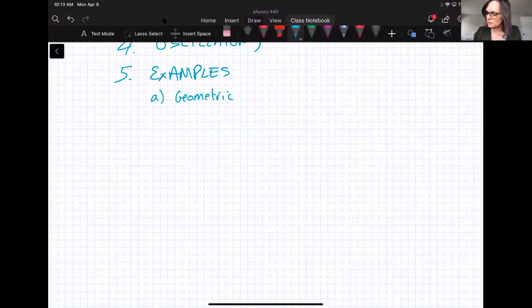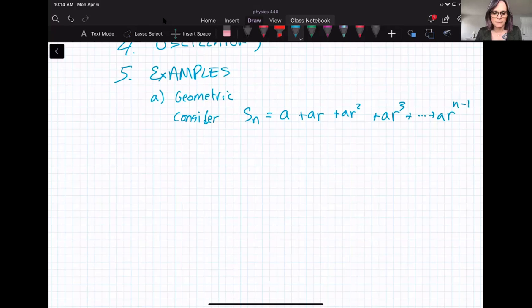So we'll start with the geometric series. And so we'll consider S sub n is equal to a plus a times r plus a times r squared plus a times r cubed, and so on, because of the way we've defined it, to a r to the n minus 1.